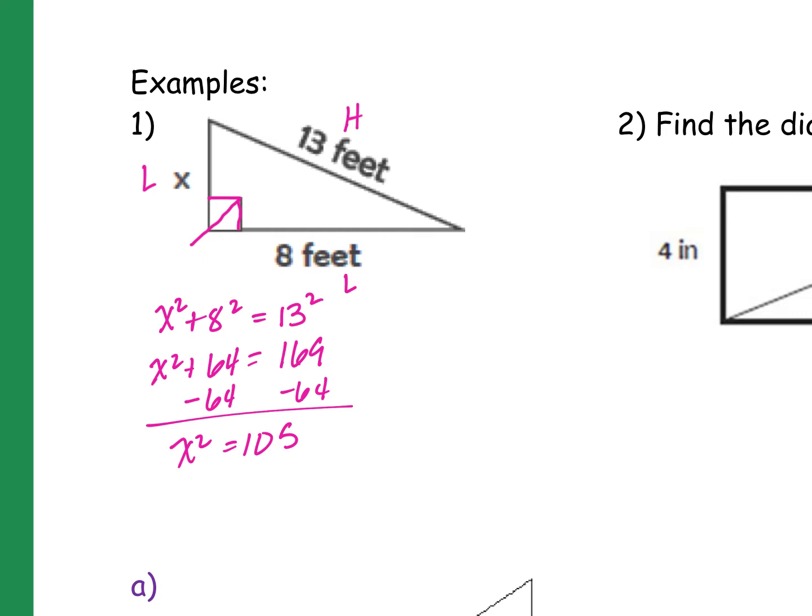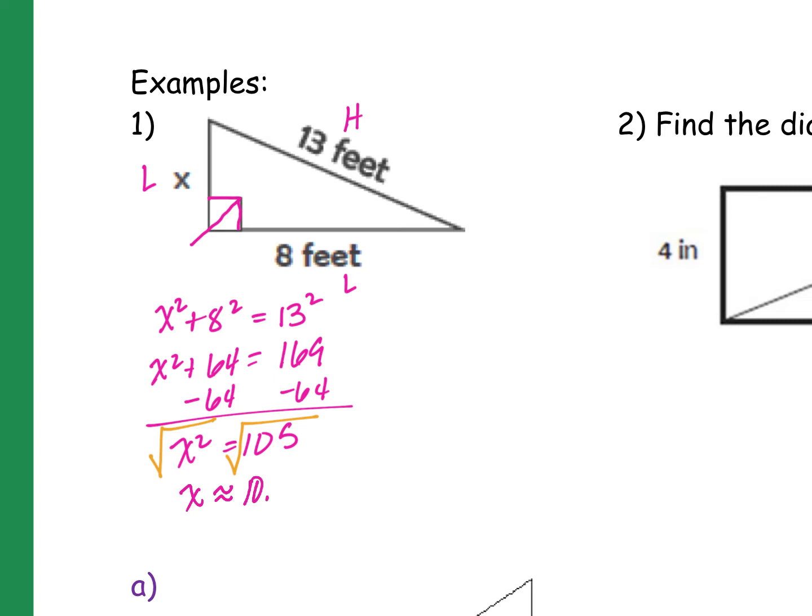Does anyone remember how we undo a square? I forgot. We do this. We take a square root, right? So if I square root one side, I'm going to square root the other side. So that means x is going to be approximately equal to, now I'm going to get out my calculator. 10.246950.